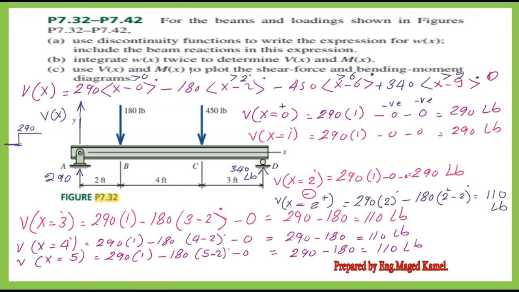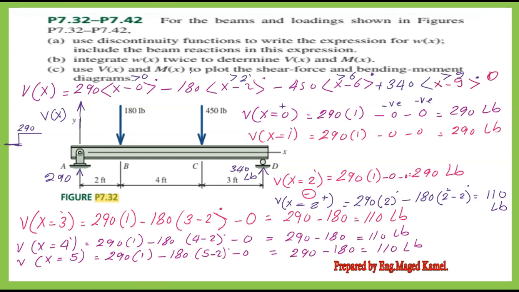It will be equal to 1. For x minus 2 raised to the power of 0, if x is less than 2, then it will be considered 0, while for x bigger than 2, it will be considered positive.